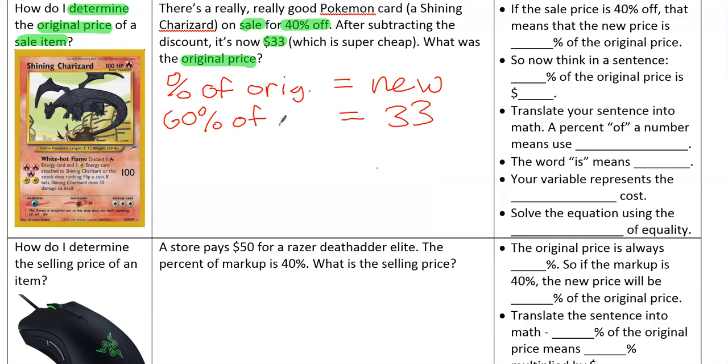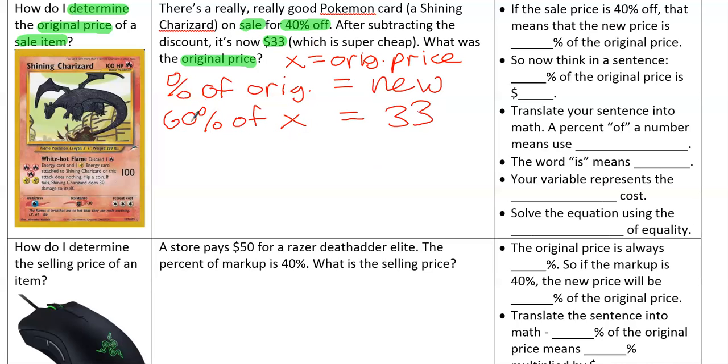So we need a variable. So we'll use X, and then X is going to represent the original price. So this comes with experience, being able to understand what the words mean mathematically. 40% off means 60%. 60% times that original price is going to equal the new price, which is $33.